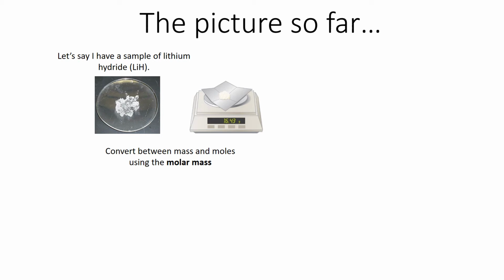So if I want to figure out something about the atoms in that sample of lithium hydride, I can convert between mass and moles using the molar mass of lithium hydride. So if I have 16.43 grams of lithium hydride, I've just got to add the mass of lithium to the mass of hydrogen, and I end up with 1 mole of lithium hydride is 7.95 grams.